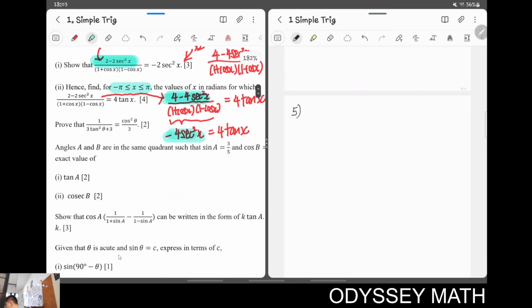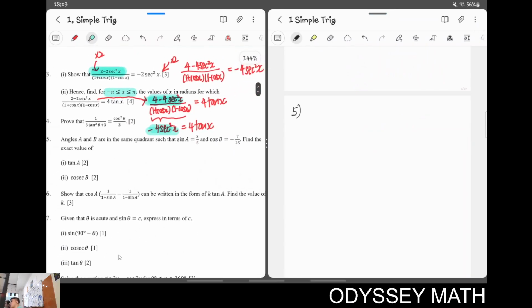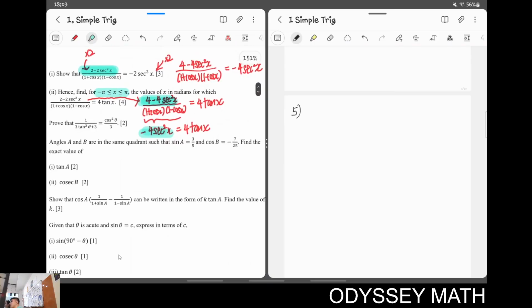Angles A and B are in the same quadrant such that sine A equals 3 over 5 and cosine B equals minus 7 over 25.